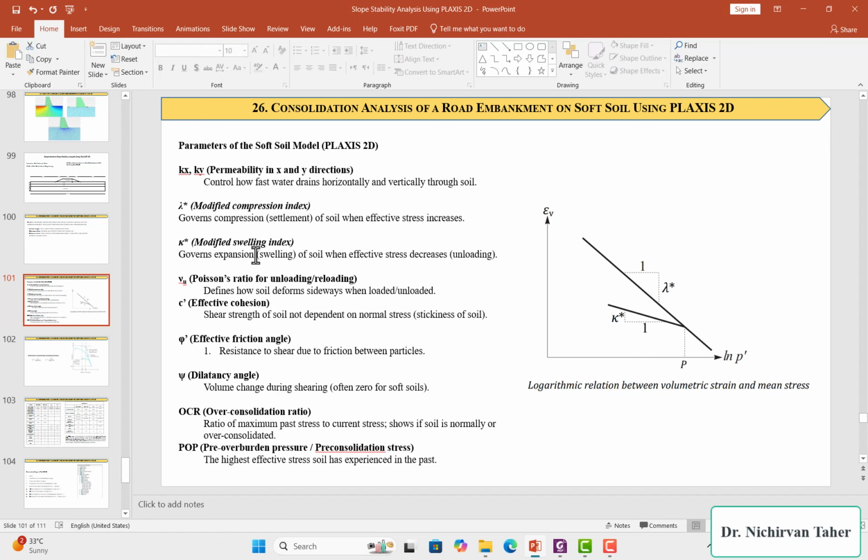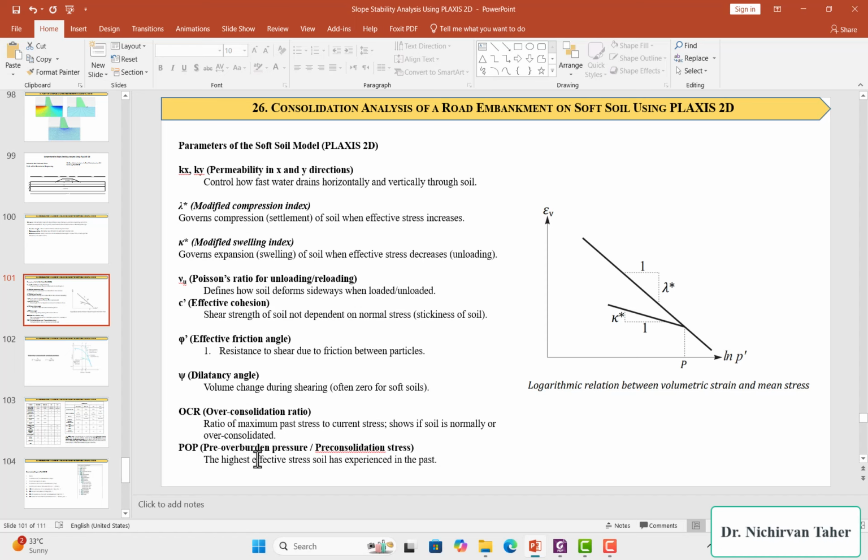Also, like other soil constitutive models, we have a Poisson's ratio for loading and reloading, effective cohesion, internal friction angle, dilatancy angle, and over-consolidation ratio. Sometimes we may use these two parameters.